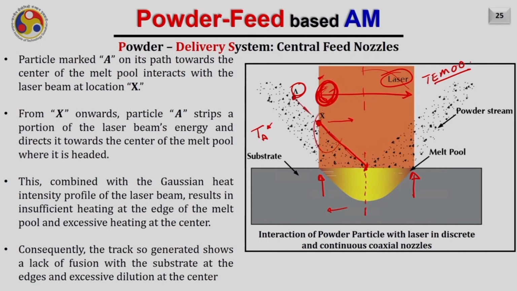Due to the absorption of a lot of laser beam energy by the powder away from the center, the penetration in the substrate away from the center will be less, as you can see here, and that is why this molten pool usually has this kind of shape in all DED based processes. This results in lack of fusion at the edges of the substrate and more fusion of the substrate at the center. This may later result in defects such as porosities.